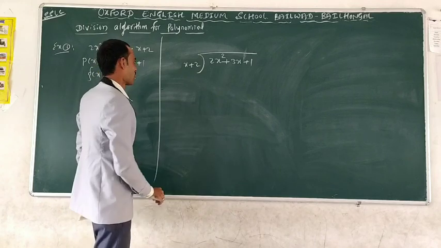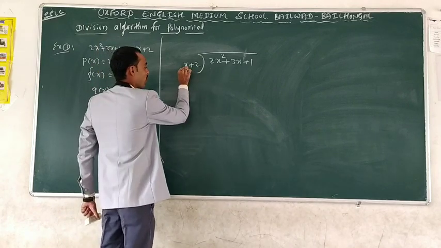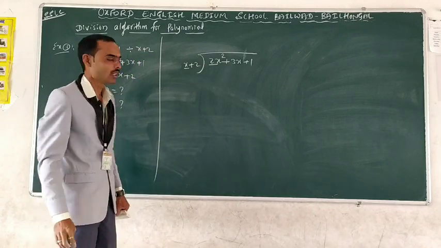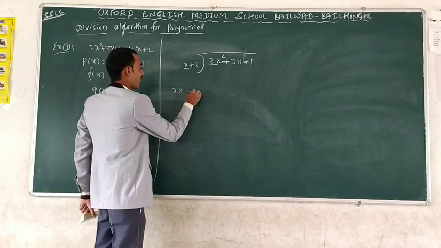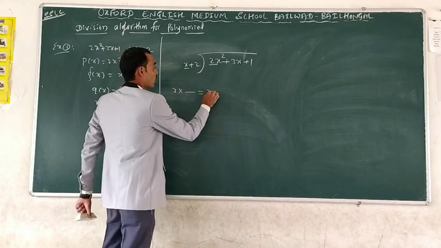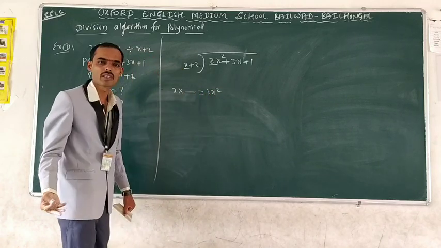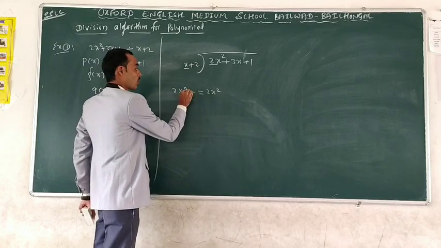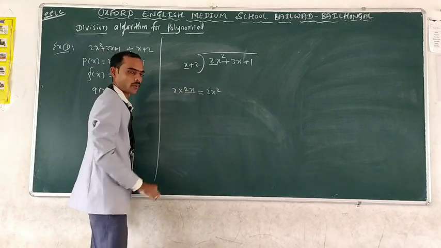The second step is very important. Always consider the first term with the first term. If x is multiplied by some term, we should get 2x square. 1x is already there, so we take 2x into x, which gives 2x square.